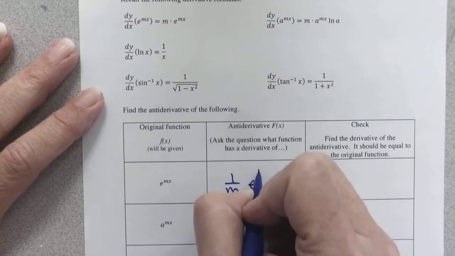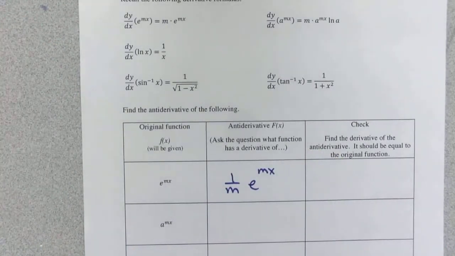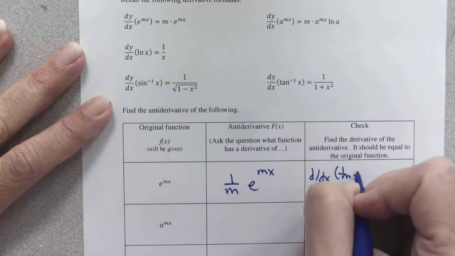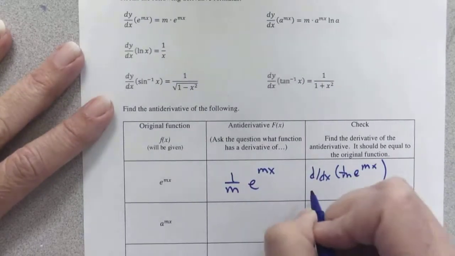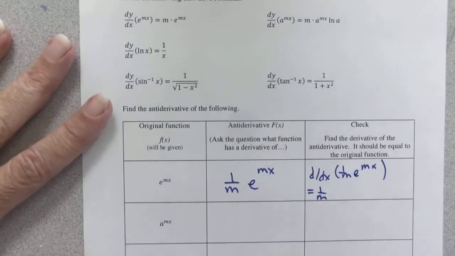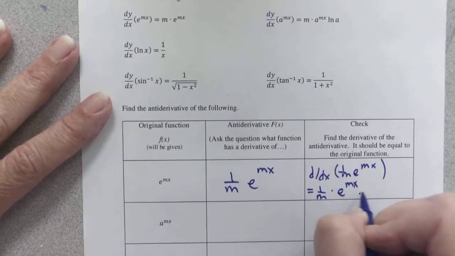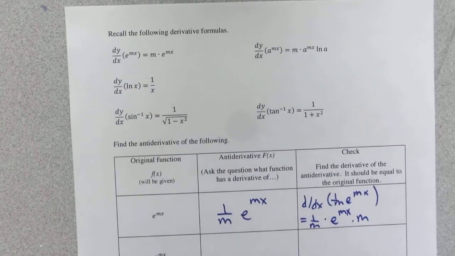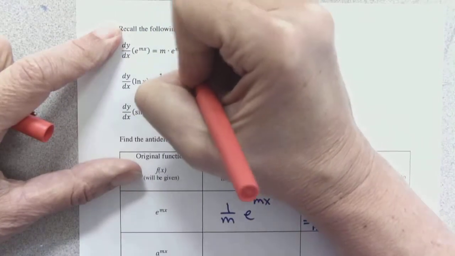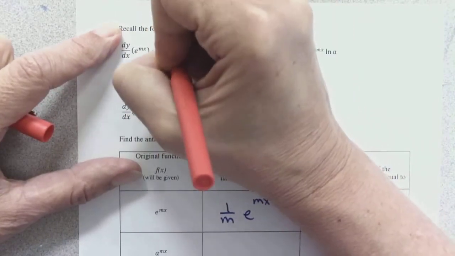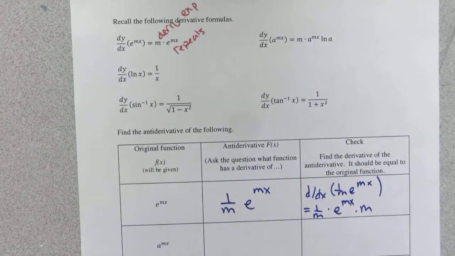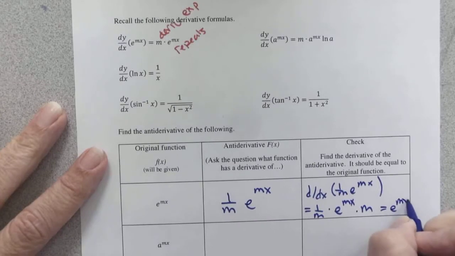And so the antiderivative of e to the mx will be 1 over m e to the mx. And notice that is going to check. Now that 1 over m is just a coefficient, e repeats, derivative of the exponent. Remember, those were the words. Repeats, derivative of the exponent, and we get back to e to the mx.